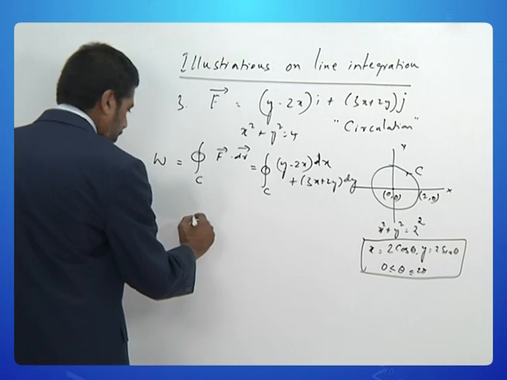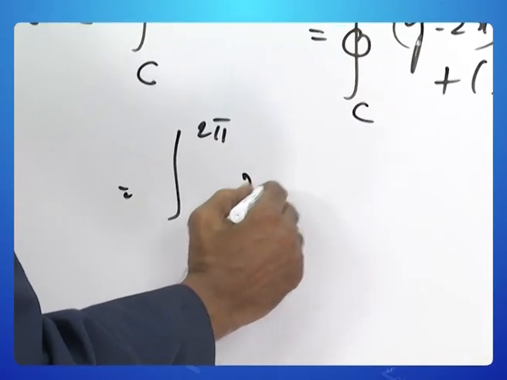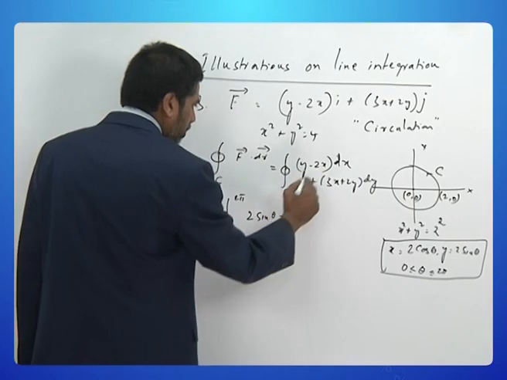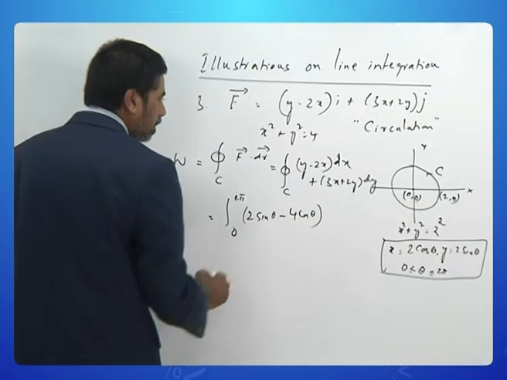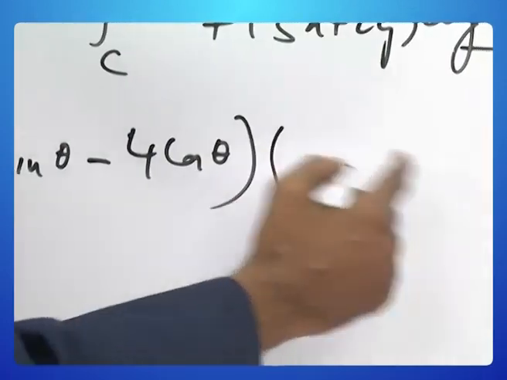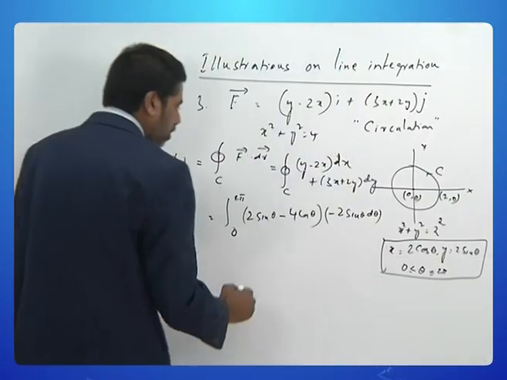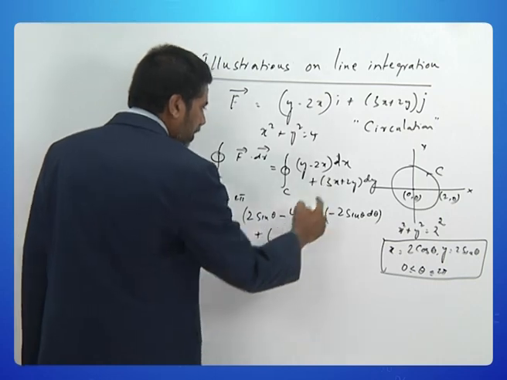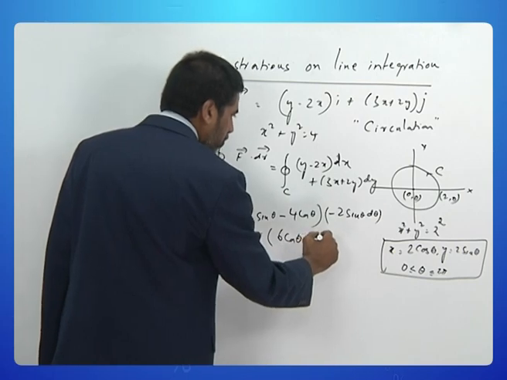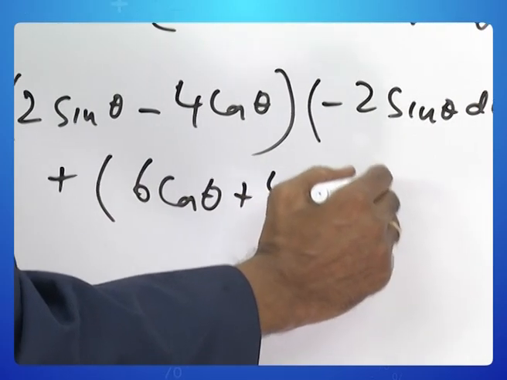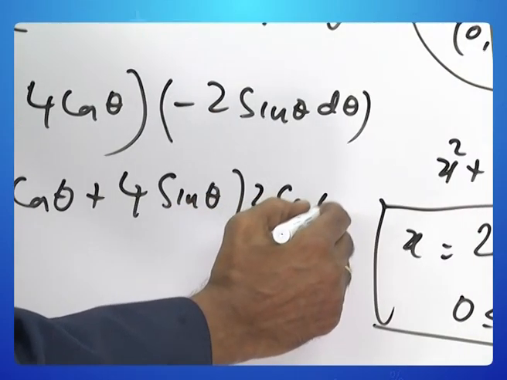So let us see. This would be the integral from 0 to 2 pi of: y is 2 sin theta minus 2x becomes 4 cos theta, dx would become minus 2 sin theta d theta, plus 3x would become 6 cos theta, plus 2y would become 4 sin theta, multiplied by dy would become 2 cos theta d theta.